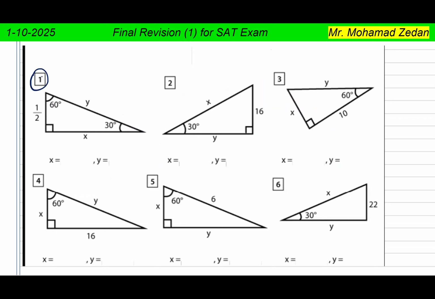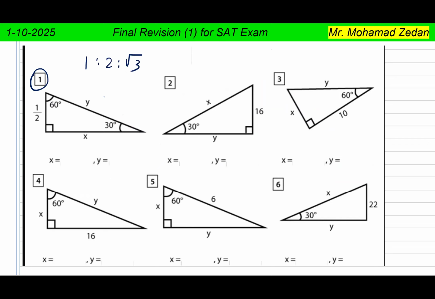In question number 1, what is the x and what is the y? Who can apply the ratio that I told you now? So there are three ratios, right? The ratio is 1 to 2 to radical 3.